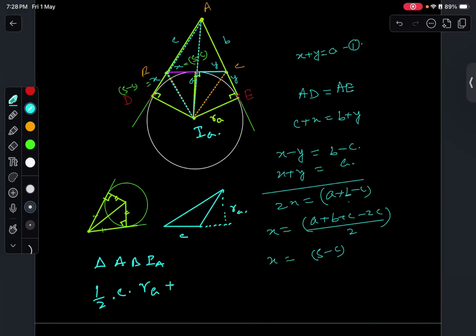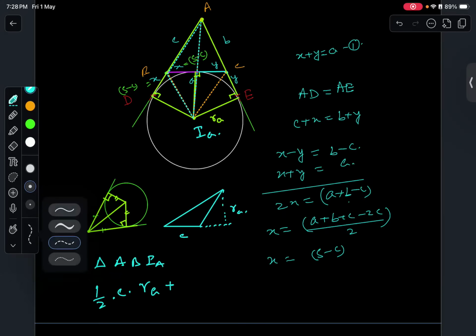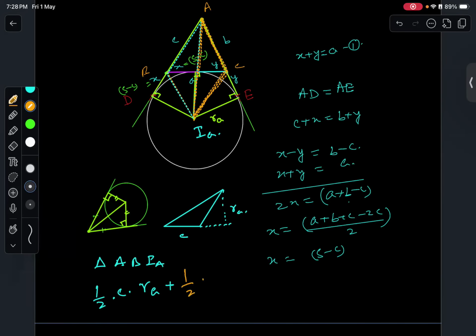Now, the area of the second triangle I'll take. The second triangle, I'm taking this AIAC. What is the area of this? Half into B into RA.